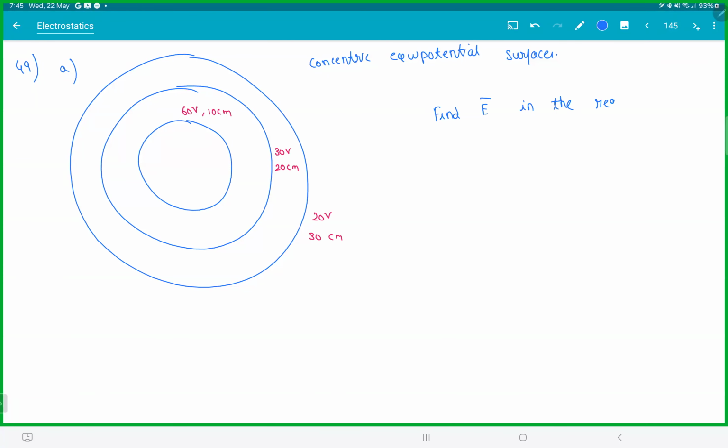This is an HCV question. So three equipotential surfaces are given. They gave you the potential of that shell and the radius of the shell. Using this data, you need to figure out the field in the region.